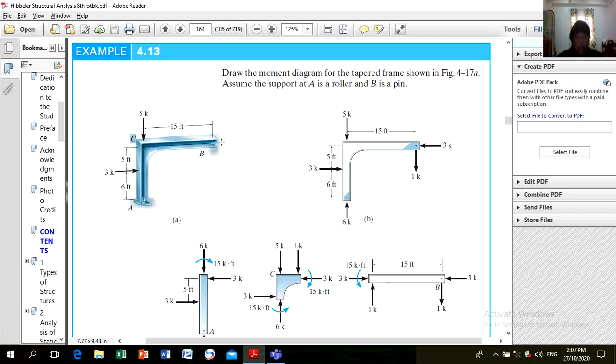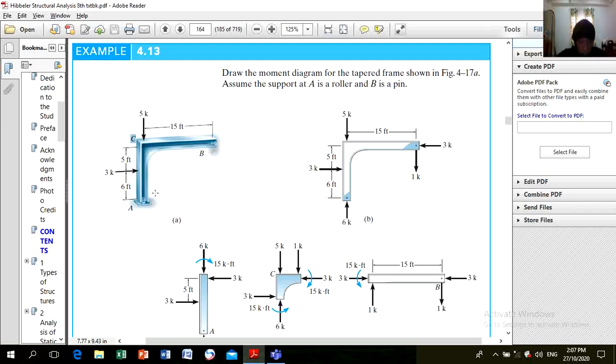B is a pin, so horizontal and vertical. To determine the horizontal component of the reaction at B, summation of forces along X is equal to 0. So the value of the horizontal reaction at B is 3.